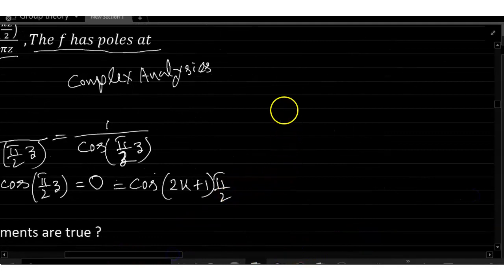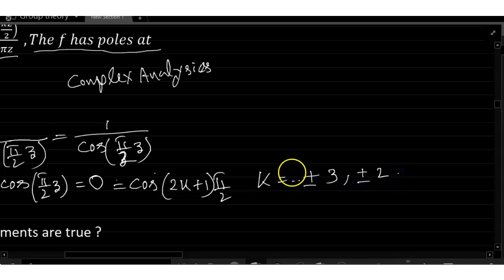So z equals, where k equals plus minus 3, plus minus 2, etc., plus minus 1, 0, etc.